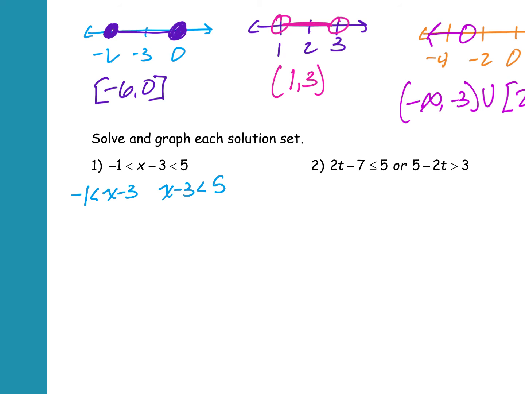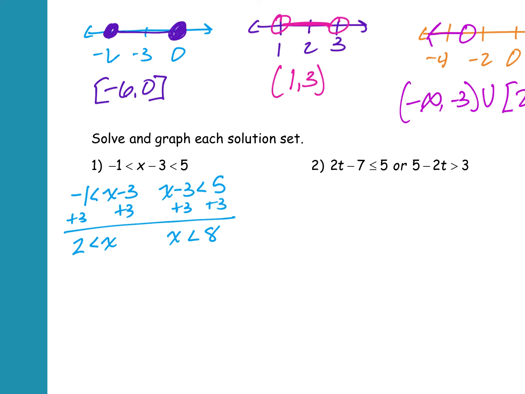And what am I going to do to get the x by itself? You are going to add 3 on both. I'm going to add 3 for both equations, so I'm just going to do it all at one time. So then I get 2 is less than x, and x is less than 8. Okay, that one's pretty easy. So that's one way to do it.